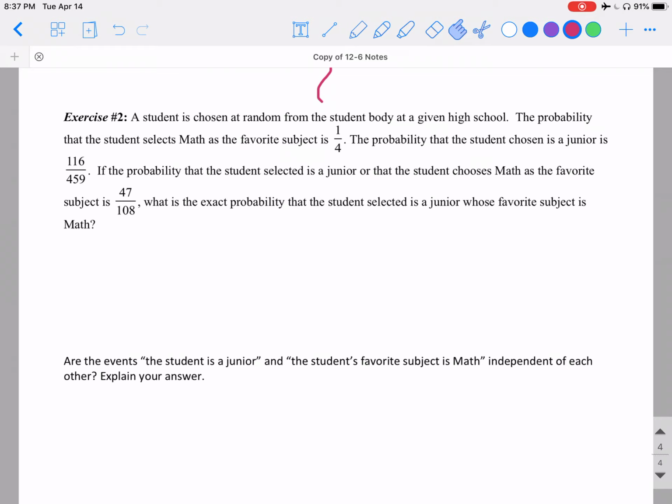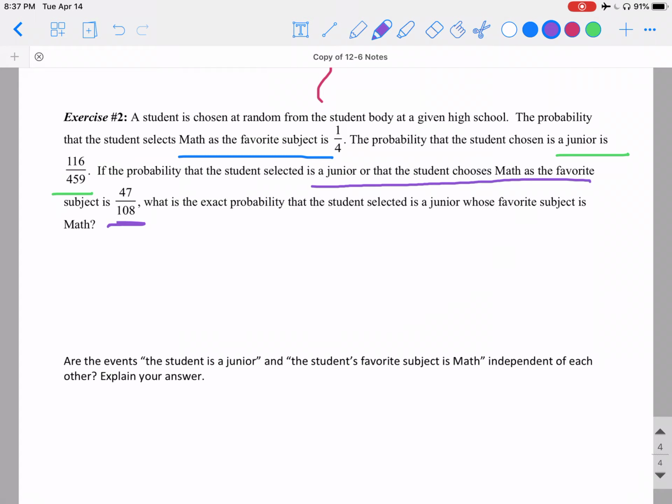So exercise 2 tells me a student is chosen at random from the student body at a given high school. The probability that the student selects math as their favorite subject is 1/4. The probability that the student is a junior is 116 out of 459. The probability that the student is a junior or chooses math as their favorite subject is 47 out of 108.